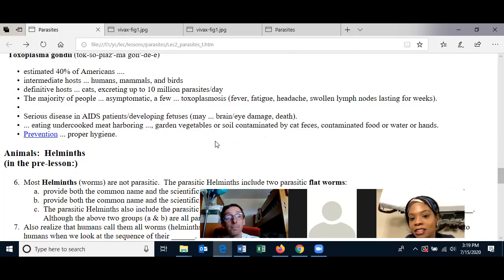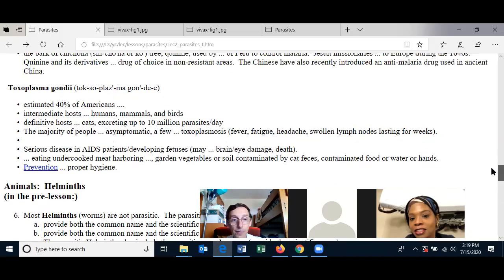One of the ways, and a major way, that humans come down with toxoplasma is by eating uncooked or undercooked meat, especially beef, meaning cows. Mammals can harvest this parasite.